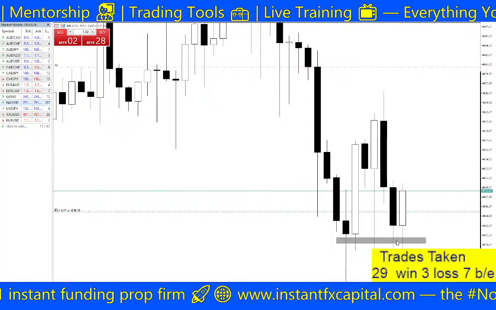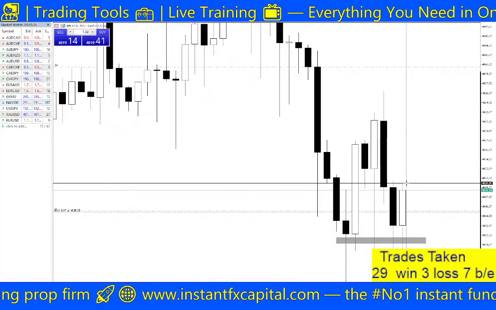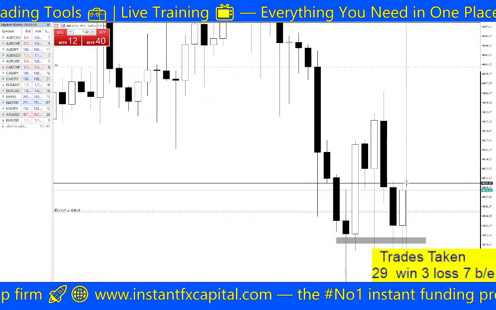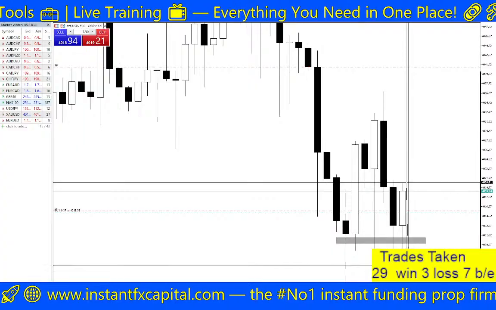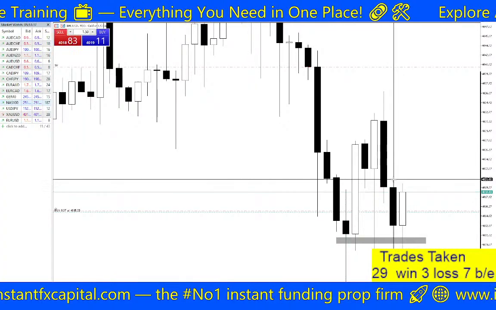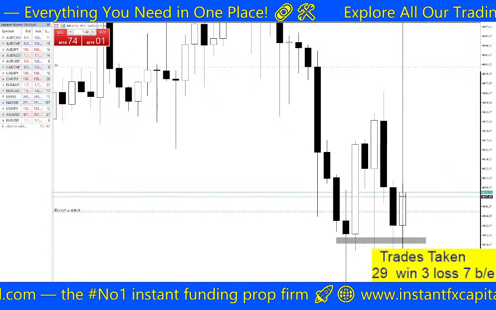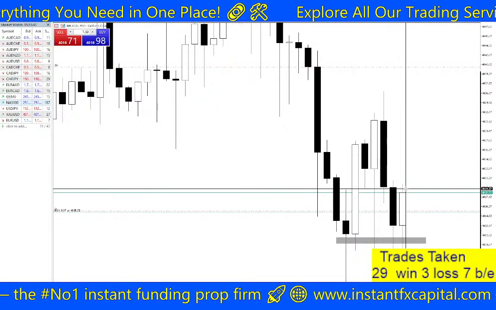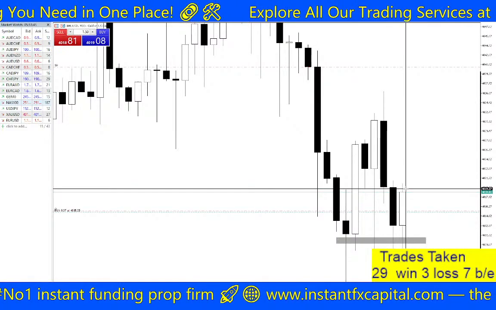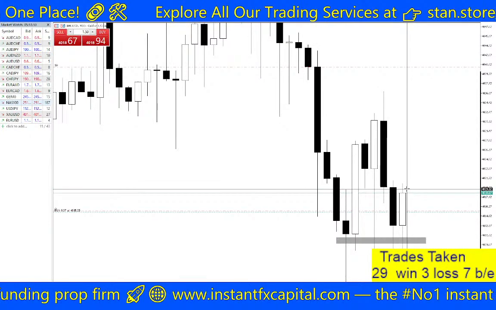But the problem with the 30-minute chart here right now is it's going to be a 150-point stop at least, because you're going to have to put your stop above the high of the bearish candle, on the basis that this current candle right now is an inside candle. So that would be the biggest issue.